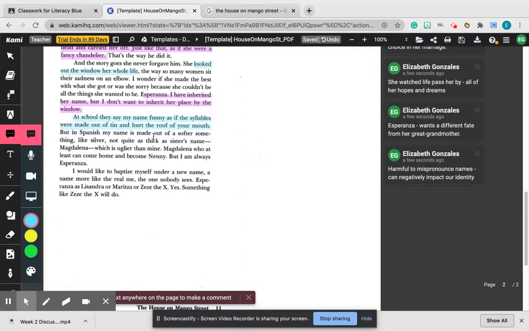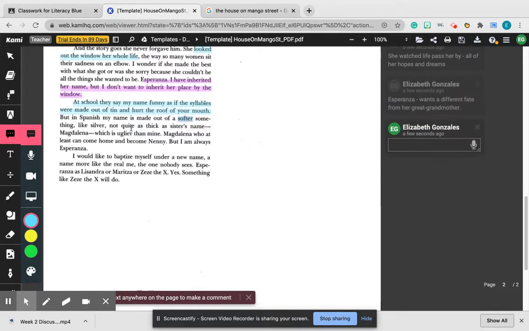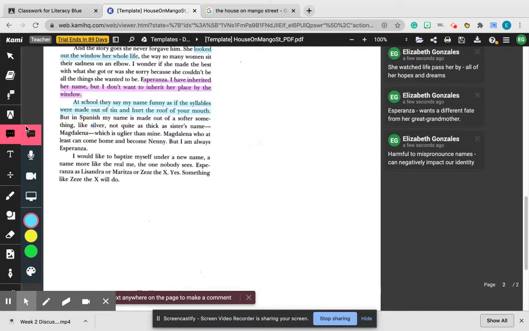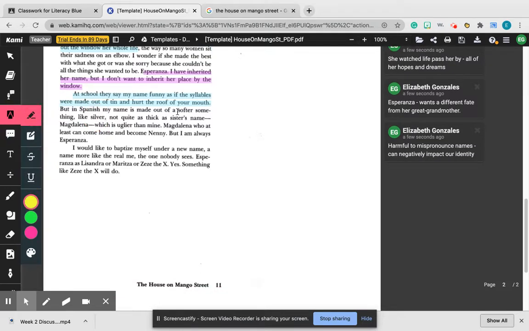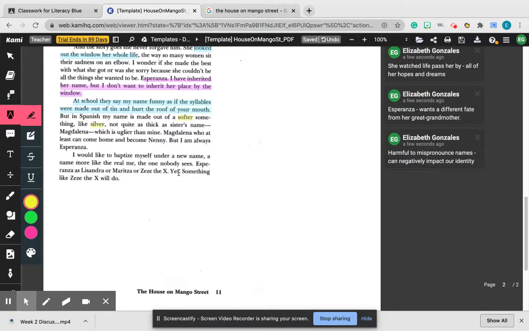But in Spanish, my name is made out of a softer something like silver, not quite as thick as my sister's name. So she uses the word softer. She uses the word, let's go to our markup because we don't need to make a comment here. She uses softer. She uses silver. And those words are positive adverbs. She's describing her name in a positive way.